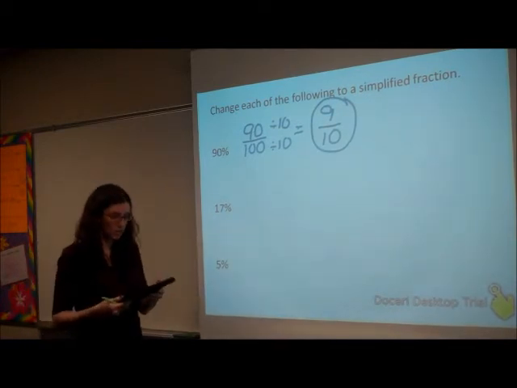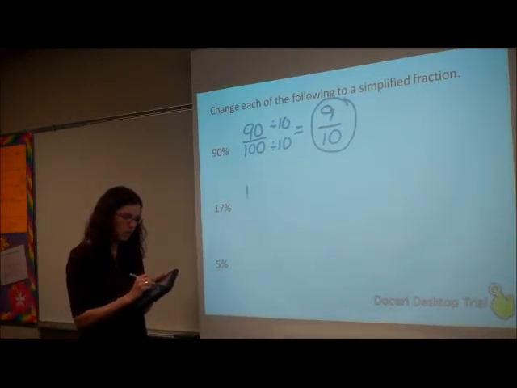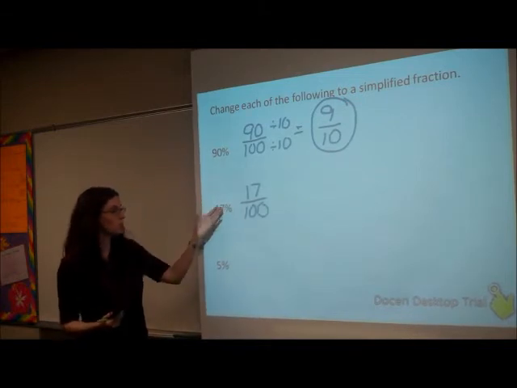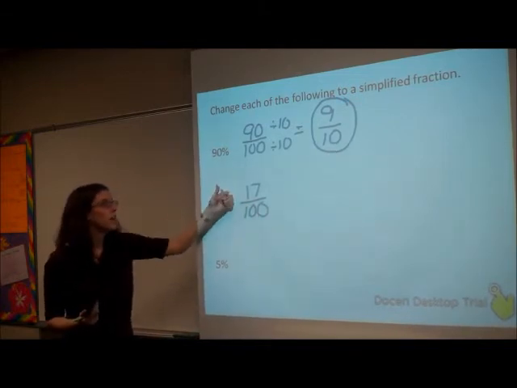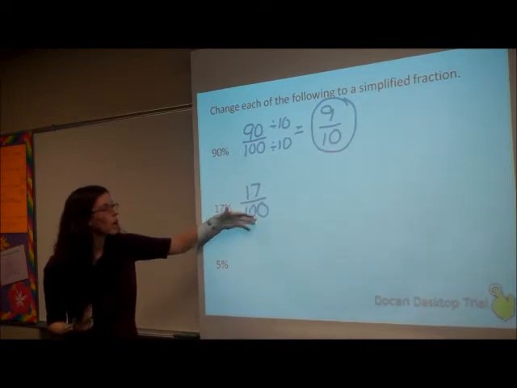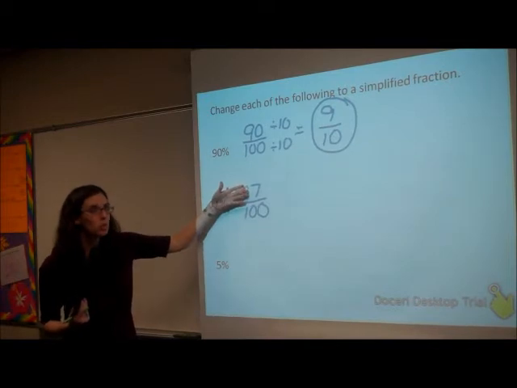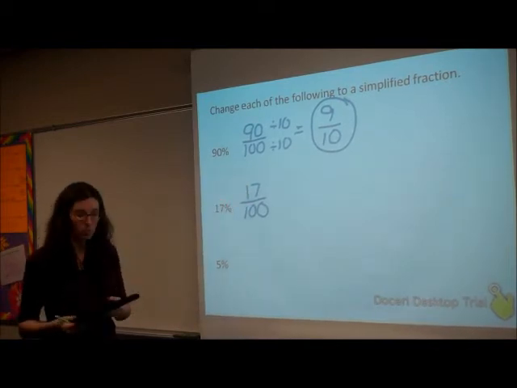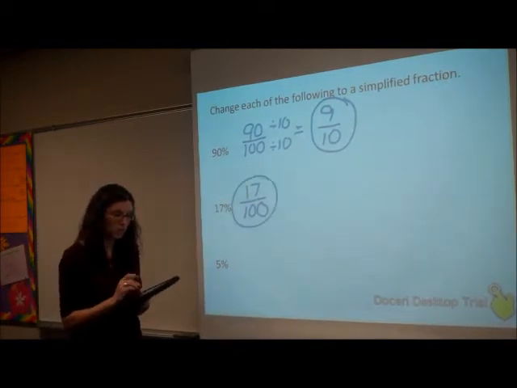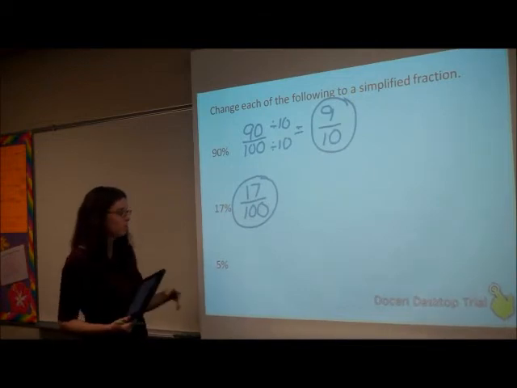Now let's look at 17%. You put 17 over 100, because it's just the percent over 100. Now, 17 is a prime number. It can't go into 100. And since it's a prime number, there are no factors. So this is as simplified as we can get. It's 17 over 100.